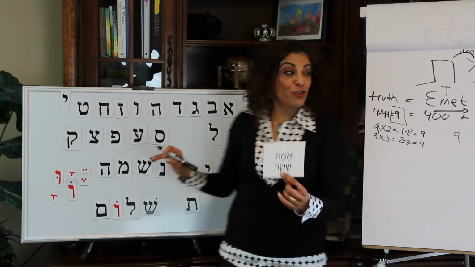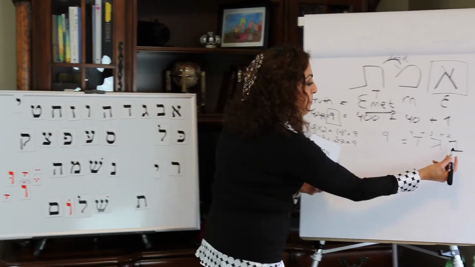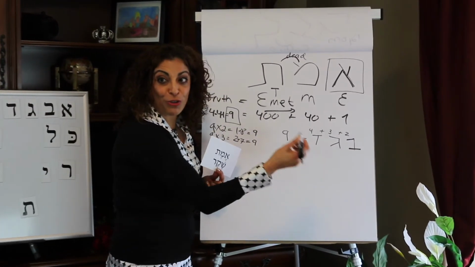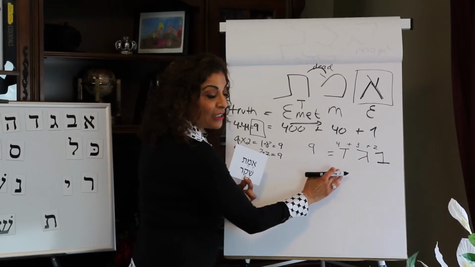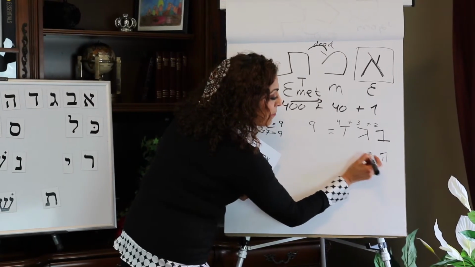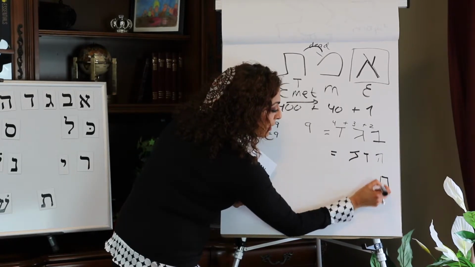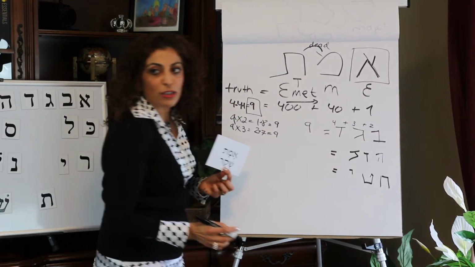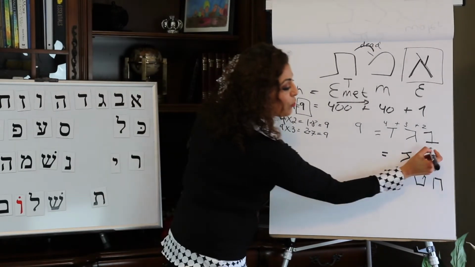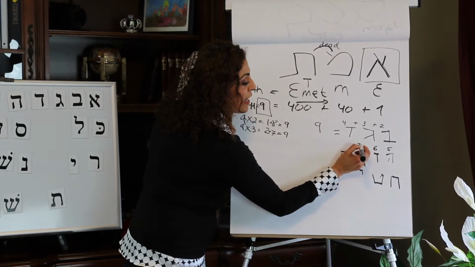Okay? So let's do that only for a couple of them, just so you can get the flavor of it. And you're welcome to continue to do that at home and say, oh my gosh, I'm doing math. Bet, Gimel, Daled. The next one, Hey, Vav, Zain, Chet, Tet, Yud. We'll just do these 3. Okay? So Hey equals 5, Vav 6, Zain 7.